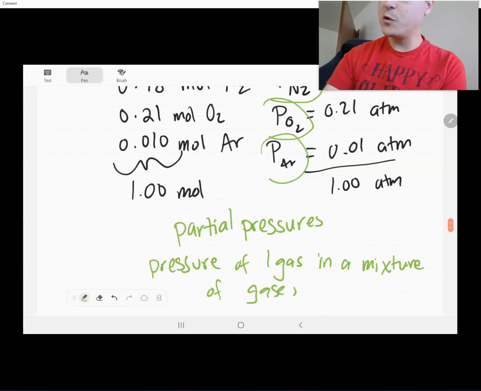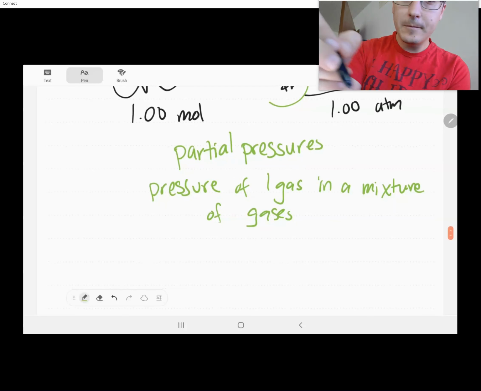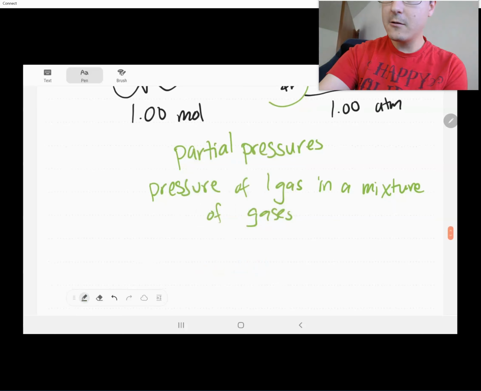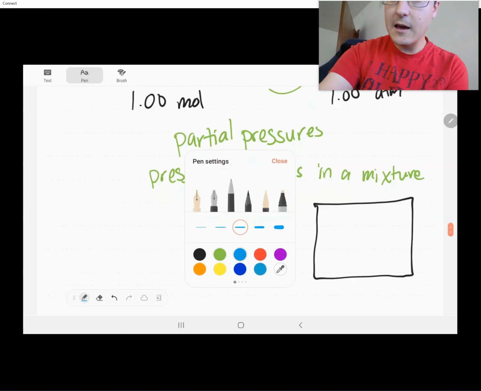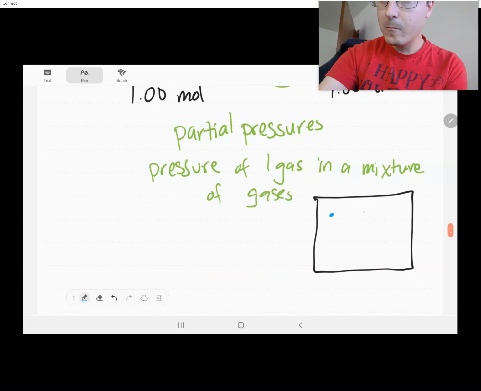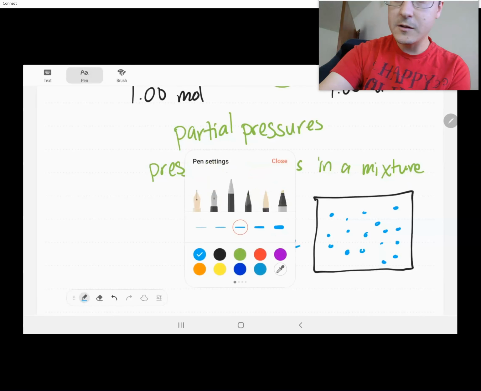And for those of you who are more visually inclined, here's our container. And let's say these blue ones are our nitrogens.